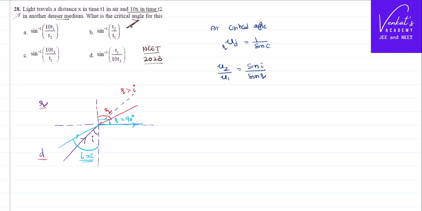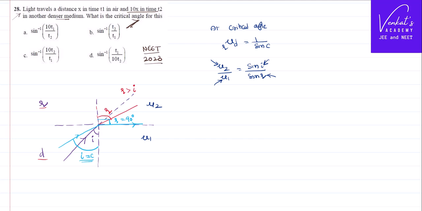Mu always comes in a pair with the second one: mu 2 is the refractive index of the medium to where the light is going, and mu 1 is the refractive index of the medium from where the light is coming. i is the angle of incidence in the first medium from where the light is coming, and r is the angle of refraction in the second medium to where the light is going.